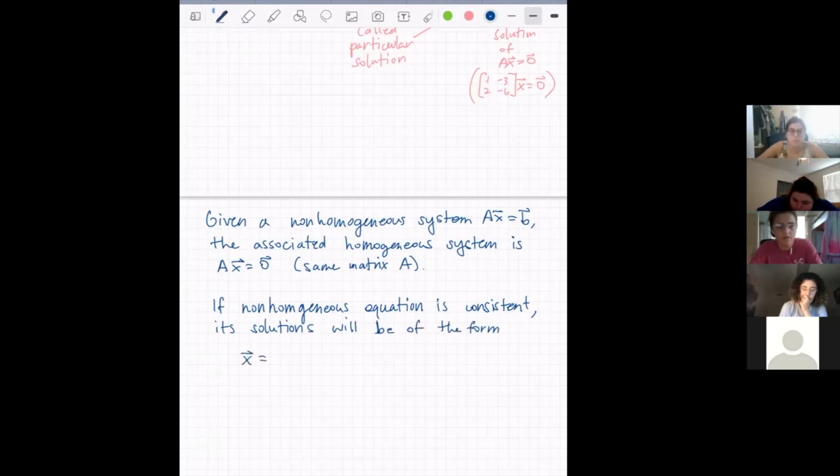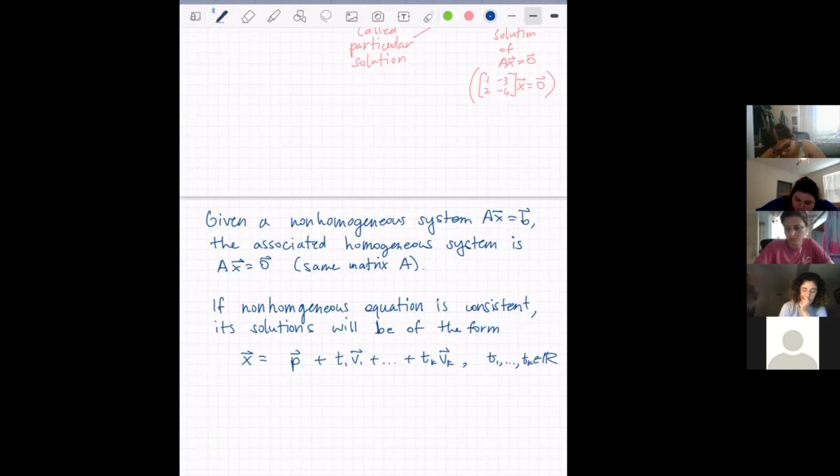So we can always write it like this, where we have our particular solution plus the homogeneous solution, which can be written as a linear combination of vectors like this, right? Where these t's are just constants, right?